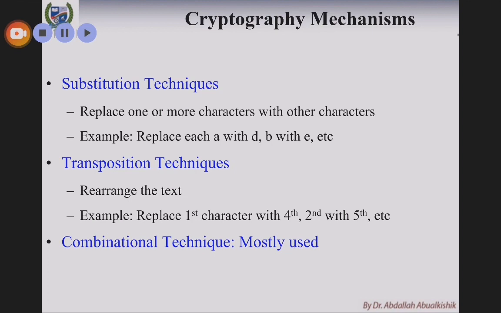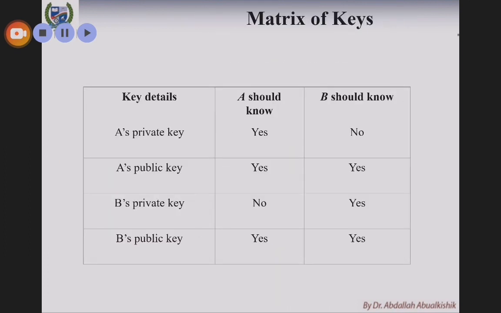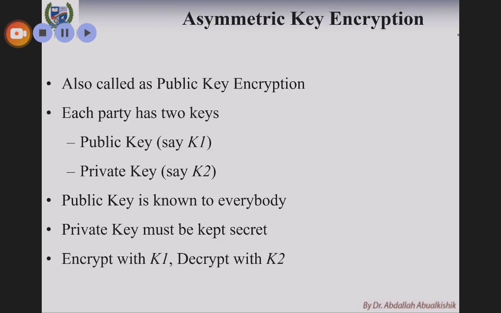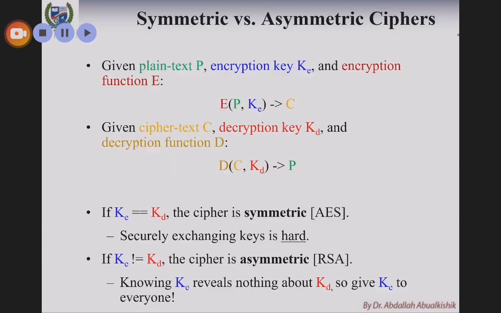Asymmetric has a public and private key, and for symmetric encryption we just have one key for encryption and decryption. So in general, in symmetric, the same key is used for encryption and decryption. For asymmetric encryption, the first key is not equal to the second key.